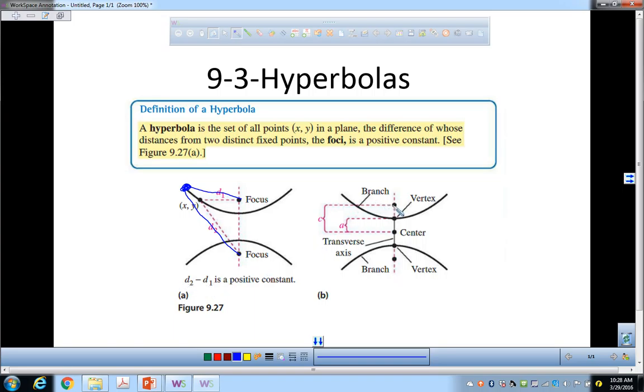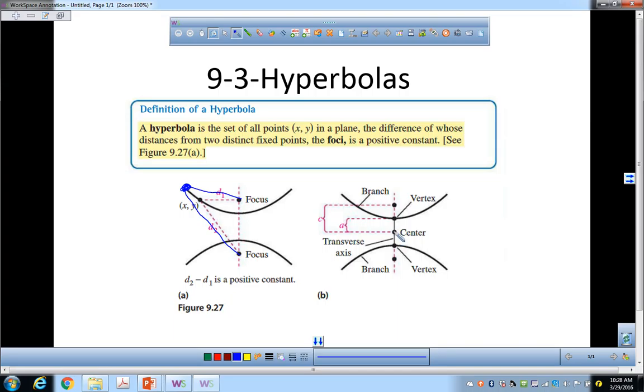If I subtract this piece minus this piece, I end up with this point right here, and that's how you come up with the curve of a hyperbola.